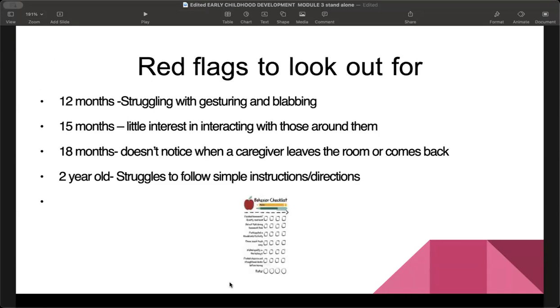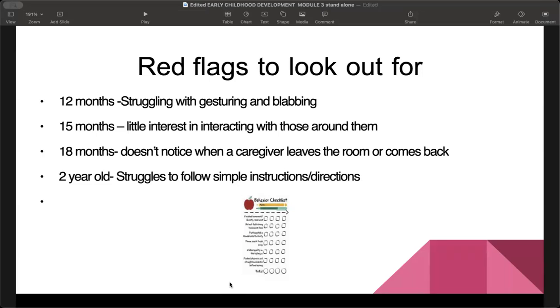Some red flags to look out for. So here again, remember we said according to the age, the children are going to be assessed. For a 12-month-old, a 1-year-old child, if the child is struggling with gesturing or babbling or trying to say something, not making any sounds, that is a red flag for us to look out for.